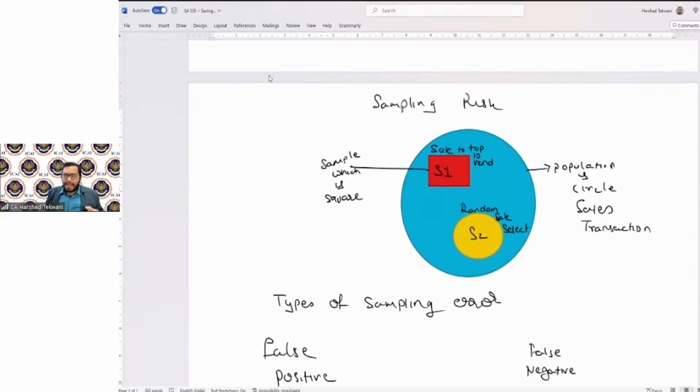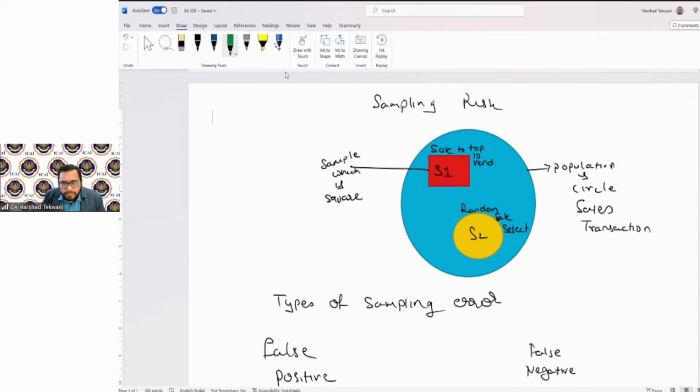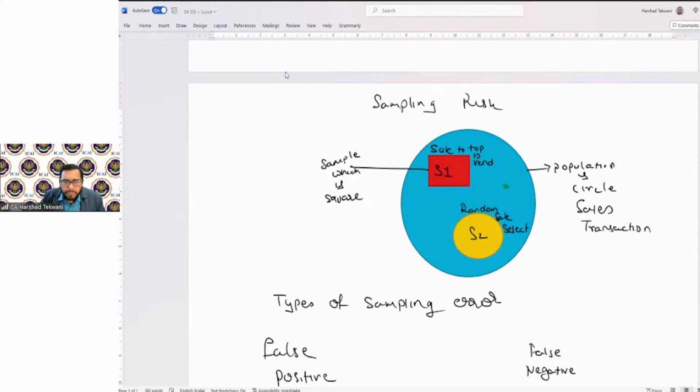Now, somewhere in this entire population, there was one consignment sale, a sale on consignment basis. That was the only standalone transaction, or let's say, very few transactions. Now, in this sale on consignment basis, I found some small error or small misstatement.